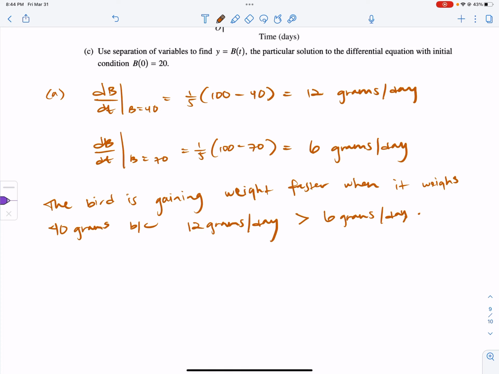Or you could represent the 6 grams per day as dB over dt evaluated at B equals 70.